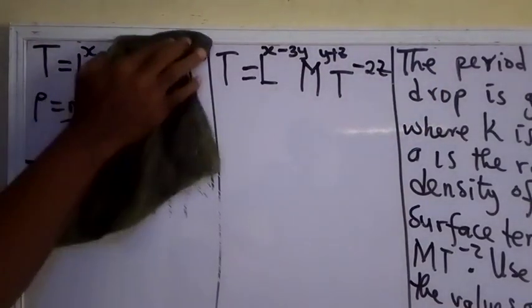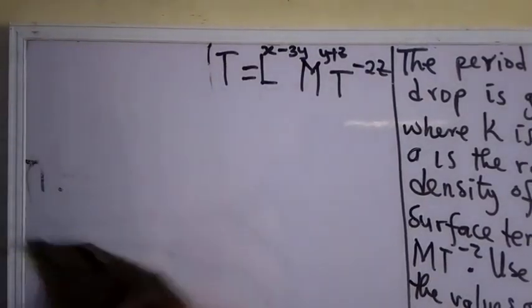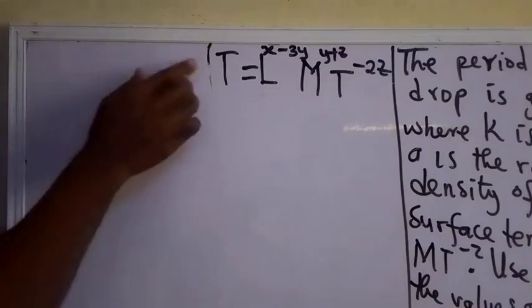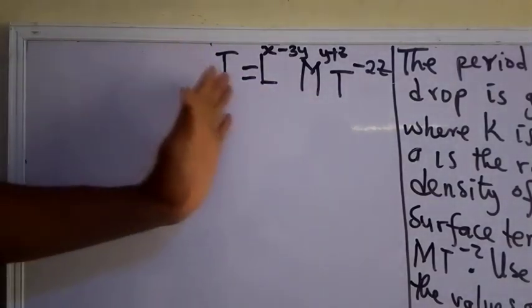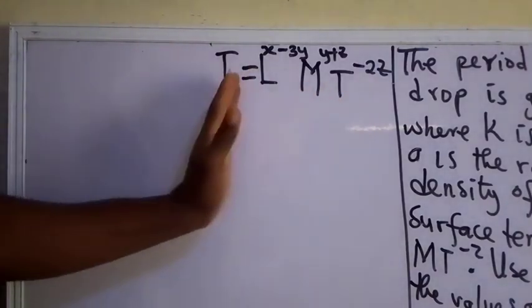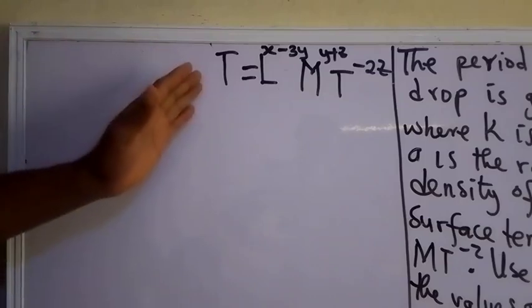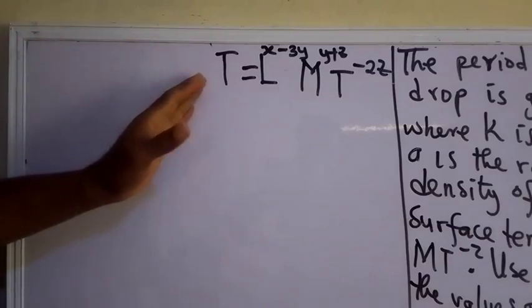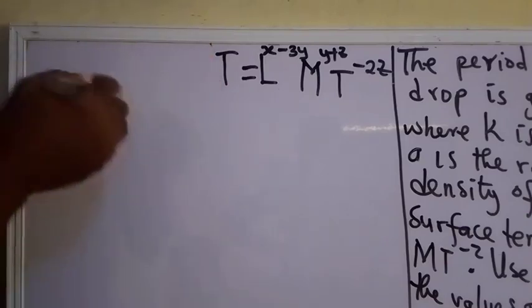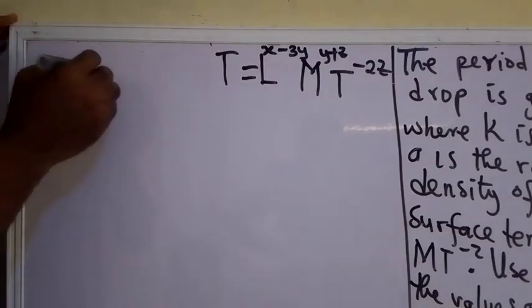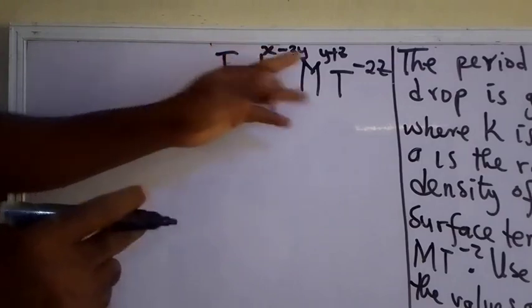Now here is where it gets interesting, guys, and you have to pay attention to that. What we are dealing with here is an equation. Equation means everything on the right must be equal to everything on the left. Now let's check if that is possible right now. For T, we have T on the left, we have T on the right.